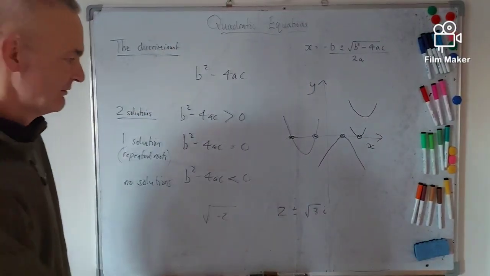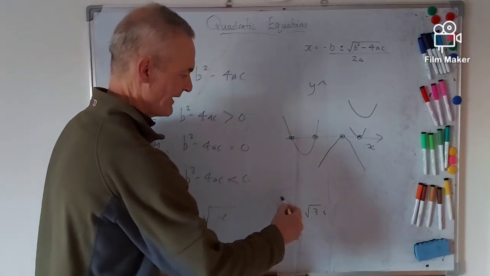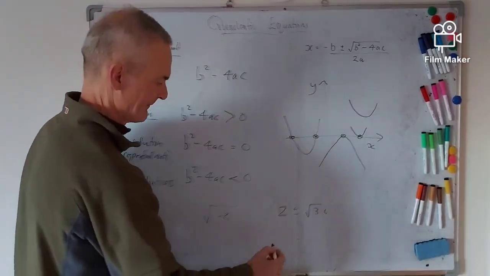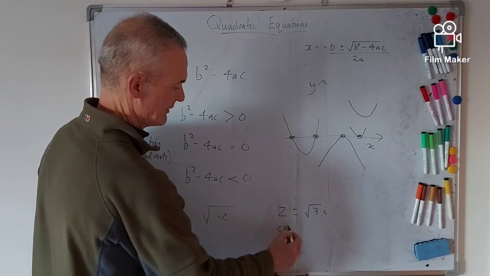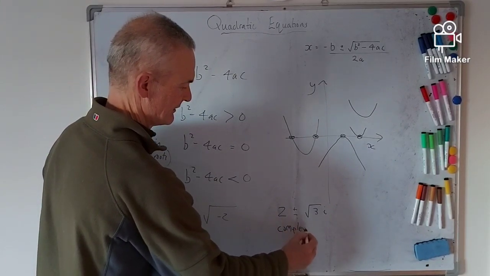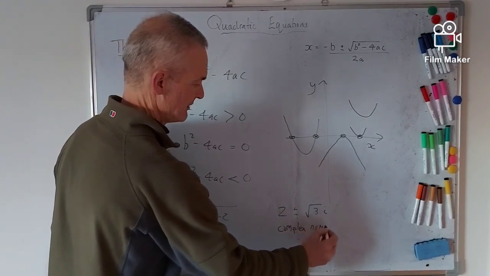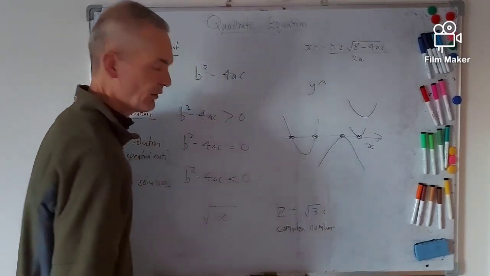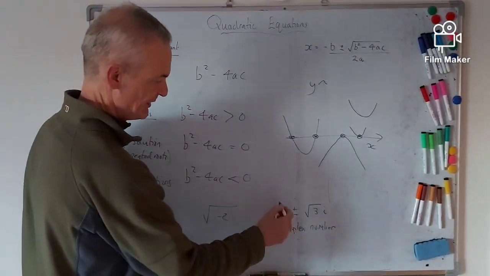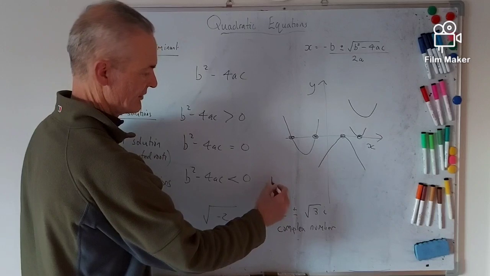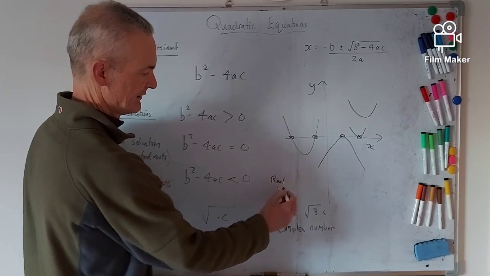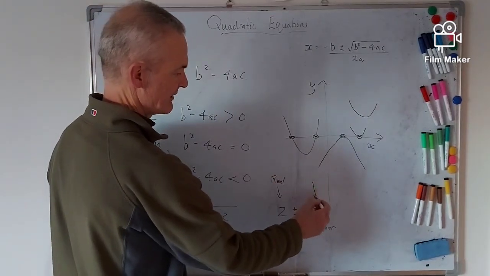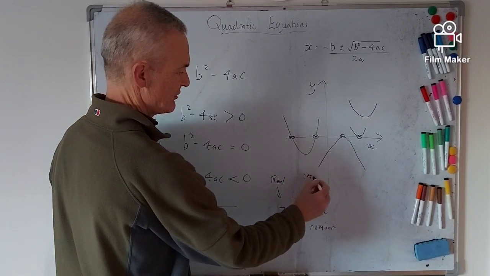What that is here is called a complex number, and a complex number has this bit at the front, which is a real part, and this bit over here, which is an imaginary part.